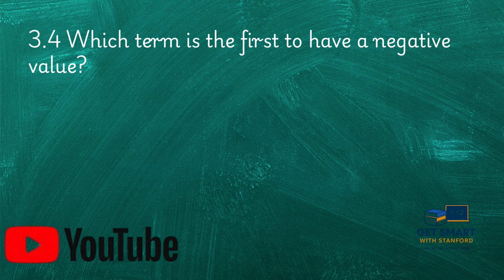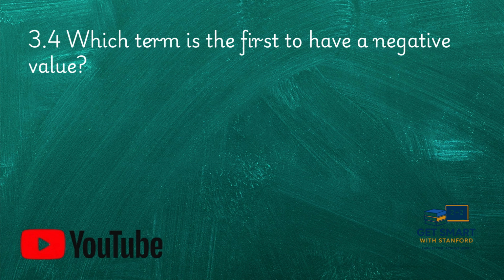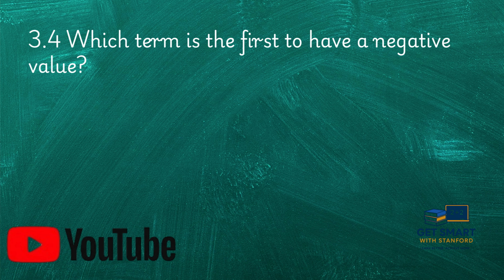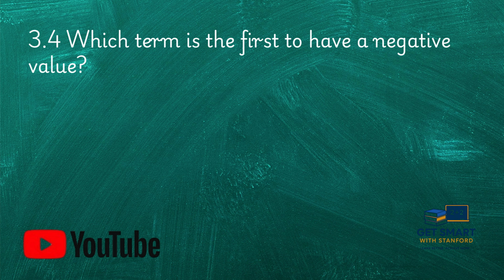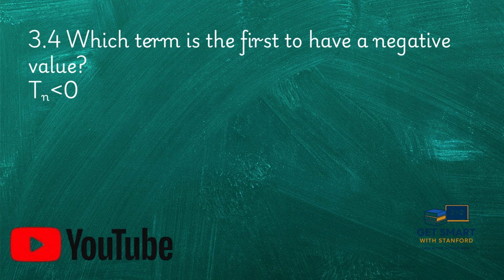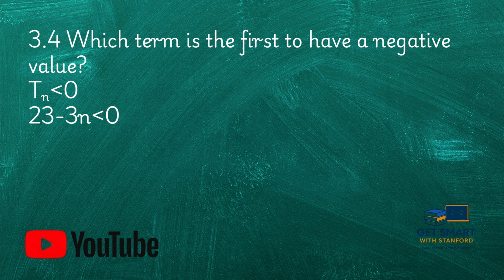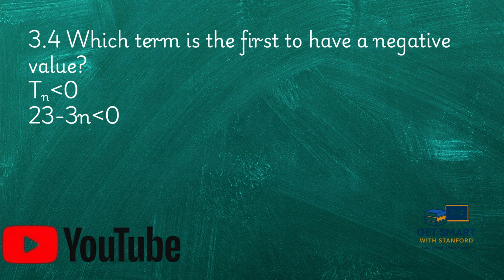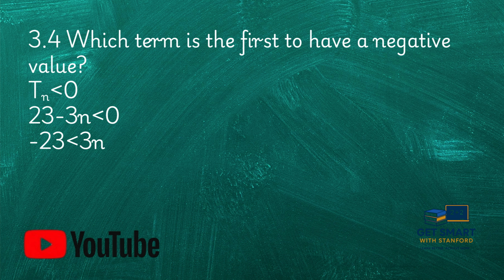In 3.4, we can see that the first term here is 20 and the rest are decreasing up to minus 103. We want the value that is less than 0. Therefore, our Tn is less than 0. We know that Tn equals 23 minus 3n.